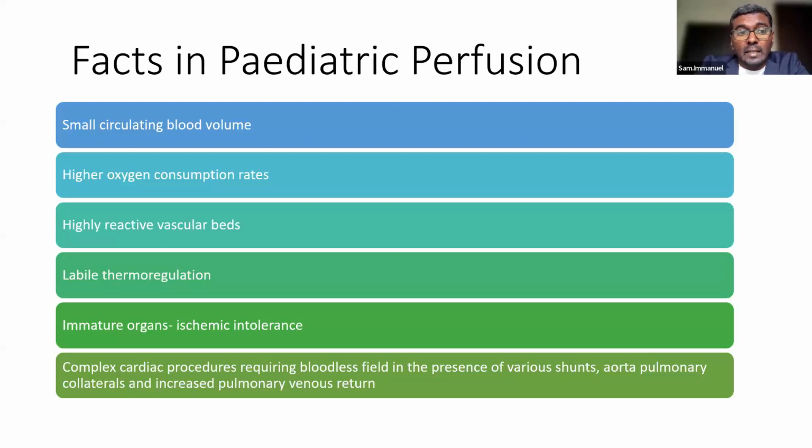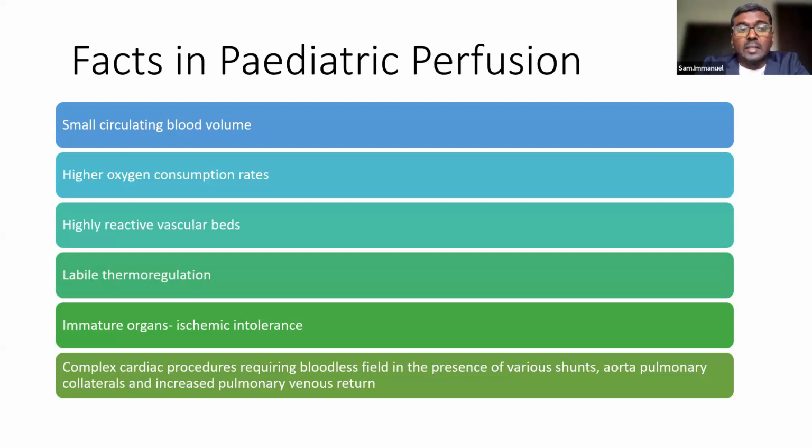And we need to know that the vascular beds of pediatric patients and neonates are very sensitive. That's why we need to focus on the oncotic pressures, the priming volume, and the circuit, and all of those things are much needed and much appreciated.